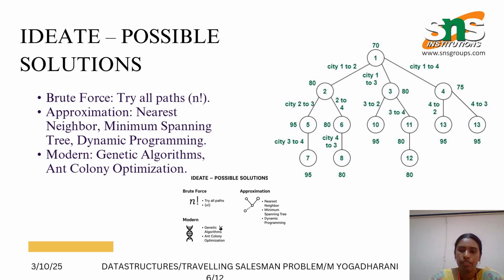Next is the nearest neighbor, which is mainly used in machine learning for classifying data sets, and the algorithm is k nearest neighbor, and then minimum spanning tree. Dynamic programming balances precision and performance, and then modern genetic algorithms and ant colony optimization are used to solve my problem.